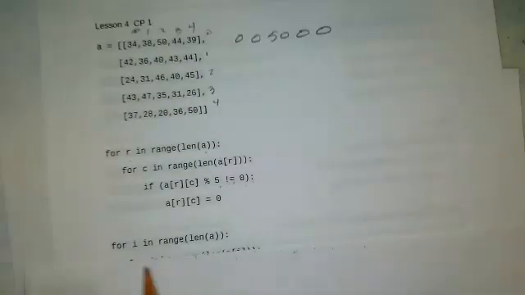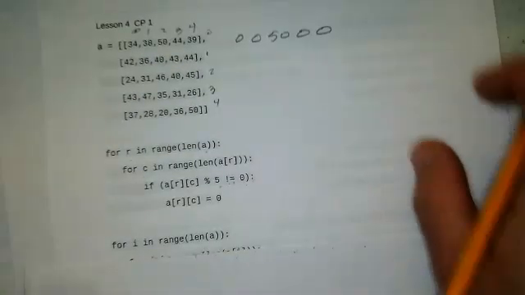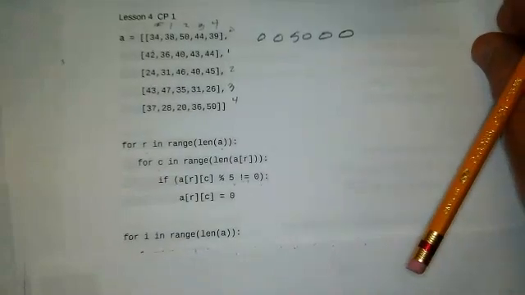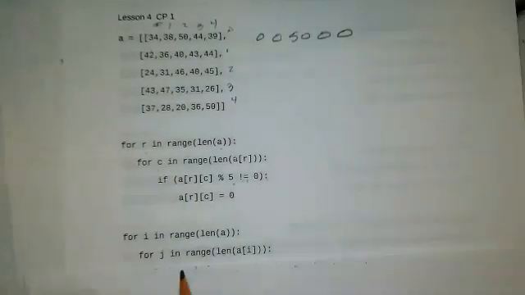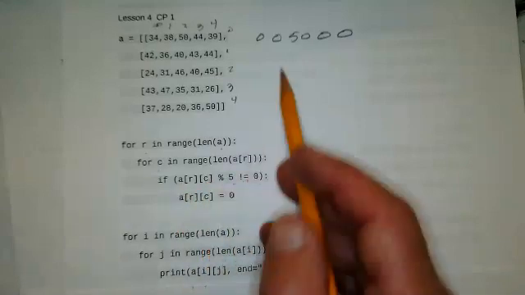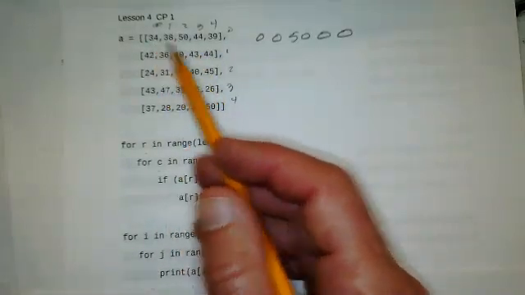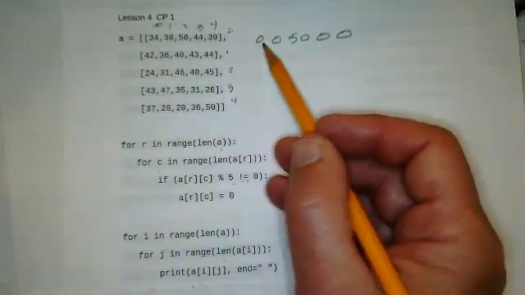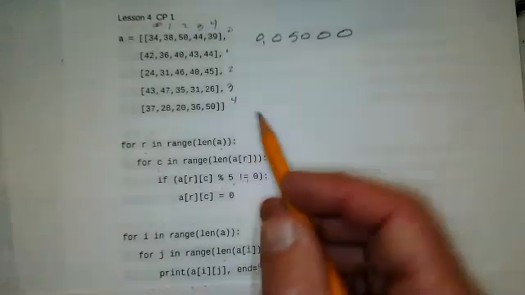We're going to say for I in range length A, for J in range length A of I, we're going to print A[I][J]. So what's happening is, as I did here, 34 divided by 5 has a modulo of 4, so it's going to print a 0, and that's what that did.